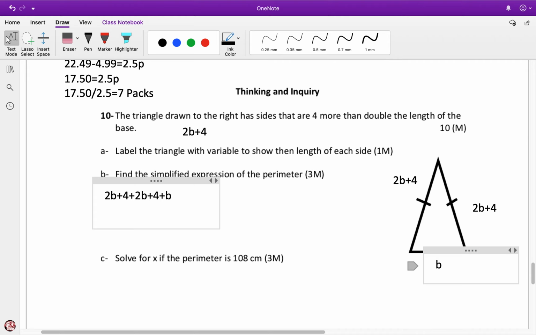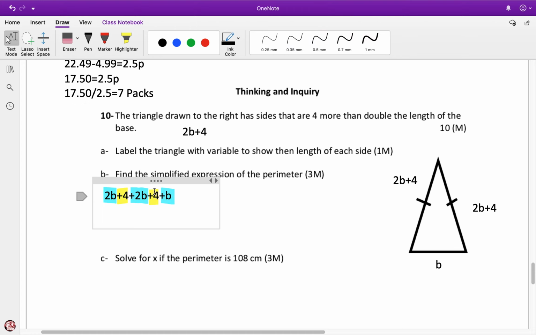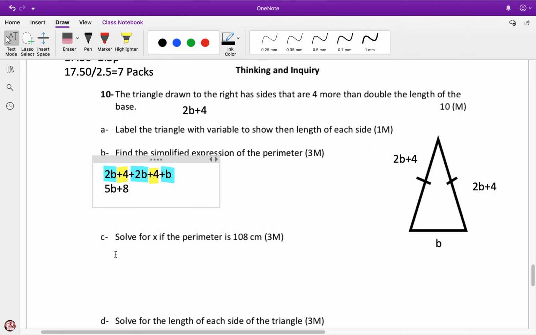Now if I collect all my like terms here, I got this, I got this, I got this, and then I have this and this. So now that's 5b plus 8. So that's my simplified expression.